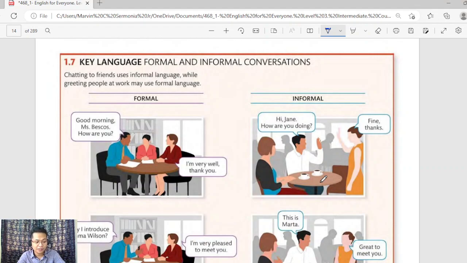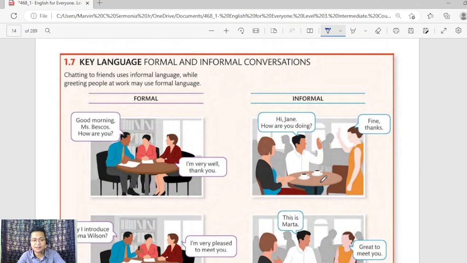Many of you will be professionals soon, and you will be engaged in different communication situations, like a meeting, or just talking with your colleagues and friends.